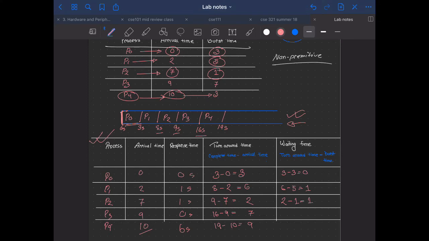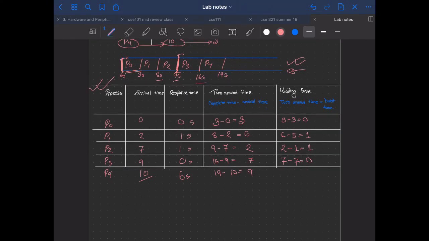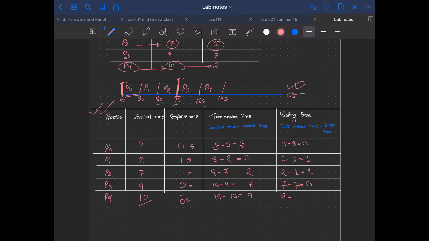For P3, the turnaround is 7 and the burst time is also 7, so that is 0. This is 0 because P3 came in at the 9th second and the CPU opened up at the 9th second, so it was ready to get another process. It just matched, and P3 didn't have to wait a second. And for P4, the turnaround time is 9 and the burst time is 3, so it had to wait for 6 seconds.